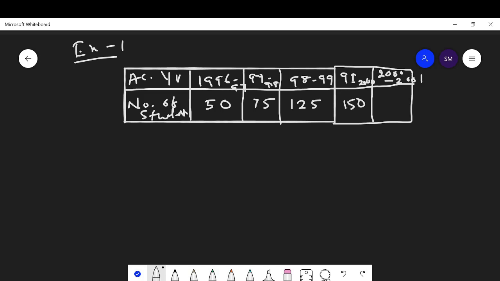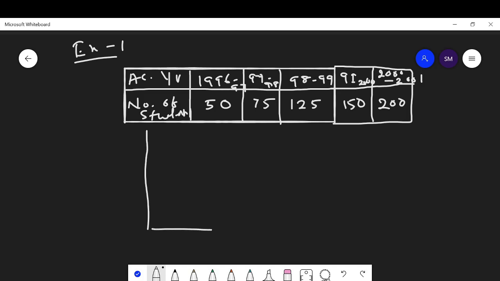I have already told you these points to keep in mind while you draw a bar graph. What are those three points? The width of the bars should be uniform throughout. The gap between one bar and another should be uniform throughout. Bars may be horizontal or vertical, but we always prefer the vertical bar graph because it looks better.